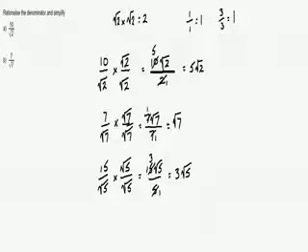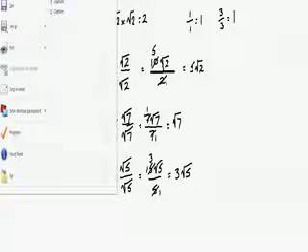Okay, so let me put up another one. So let's say they try and make it hard. Let's say we've got root 18 over root 2.